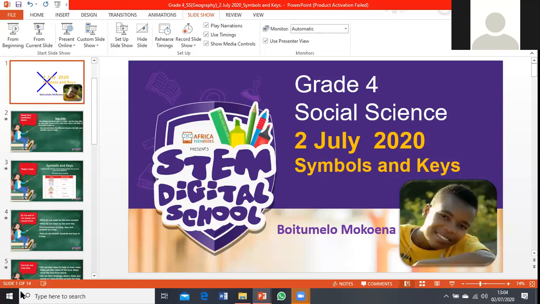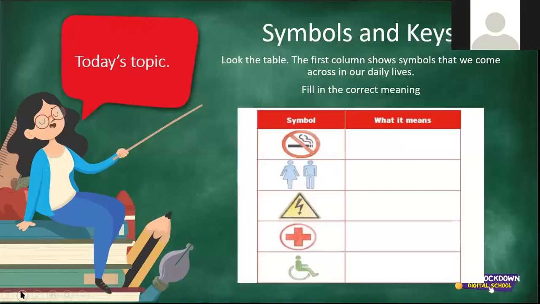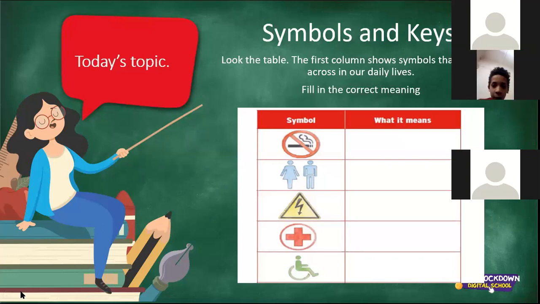Zoe. A side view is when you look at something from the side, and a plan view is when you look at something from the top.